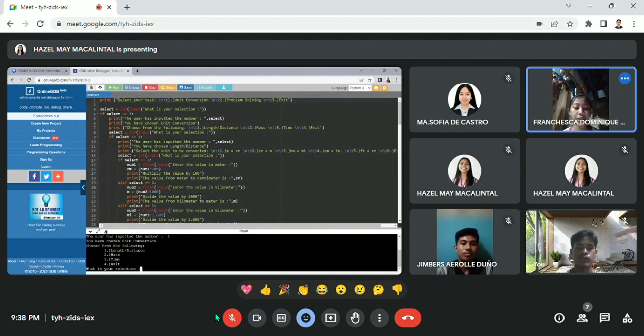In line 13, the user is asked to input their selection. In line 14, this line begins an if statement that checks if the user selected option 1, meter to centimeter conversion, and line 15 prompts the user to input a value in meters and stores the input as a float in the variable num1.